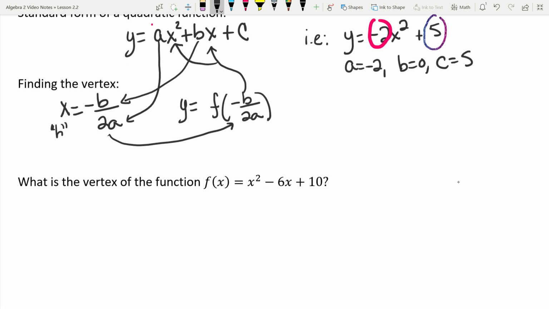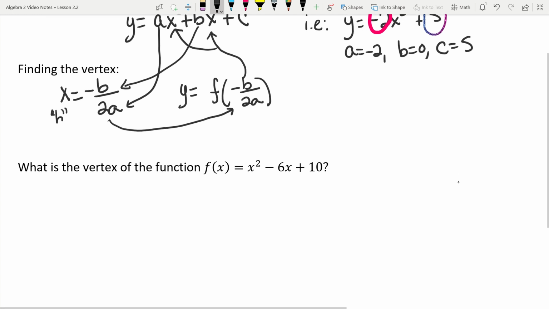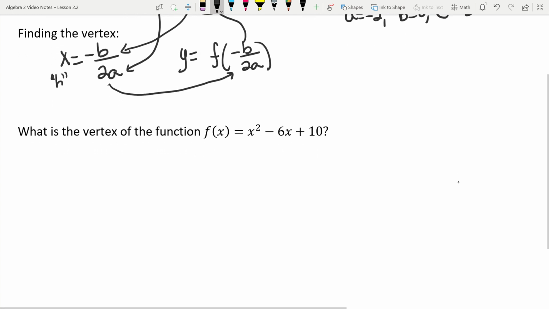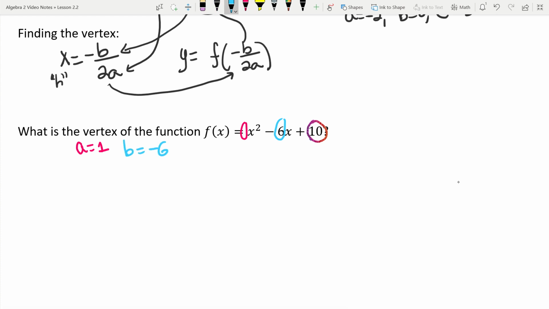All right, so I'll show you how this looks in the following problem below. So what is the vertex of the function x squared minus 6x plus 10? Okay, so in this case, we're going to be using the formula. So let's first identify our a, b, and c. So in this case, a is equal to 1. b is equal to negative 6.